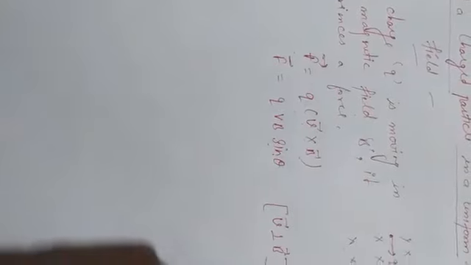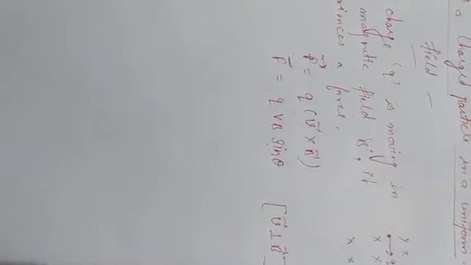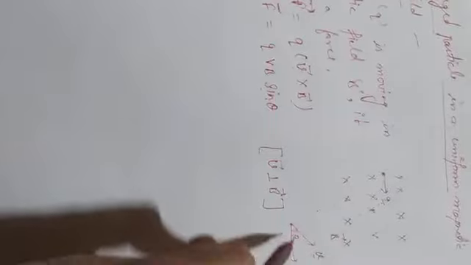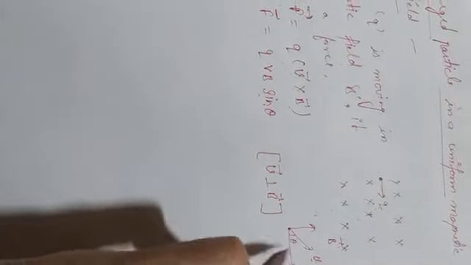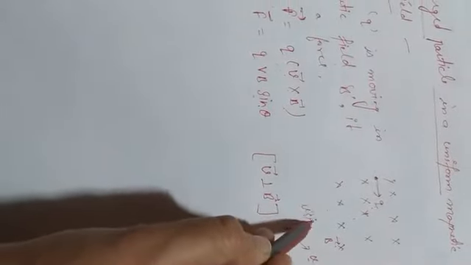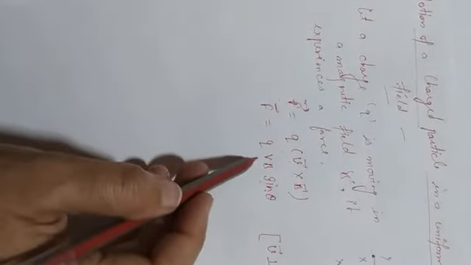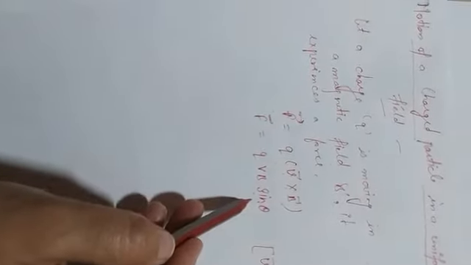Yesterday I told you that if B is acting in this direction and the particle is moving with velocity V at angle theta, then the perpendicular component of V to B will be V sin theta. From there we write F equal to QVB sin theta.